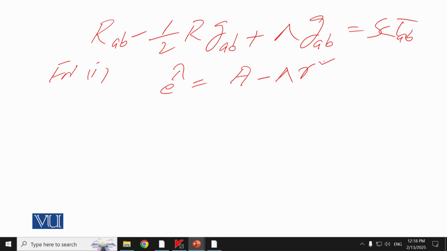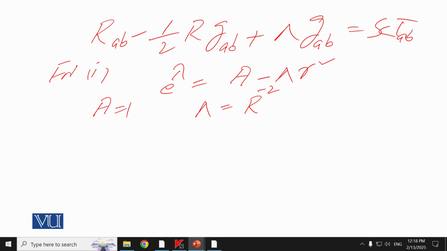Here a is an arbitrary constant, and lambda is the cosmological constant. Using the conditions on the boundary, one can find a equal to 1. Further, for the sake of simplicity, we assume that lambda is equal to r raised to minus 2. But here please keep in mind, r is not the Ricci scalar, this is a constant.